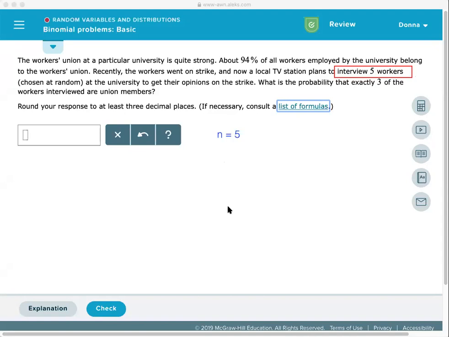Exactly 3 of them need to be union workers. So if 3 of them are union workers, that's going to represent our x. You can think of that as our success.